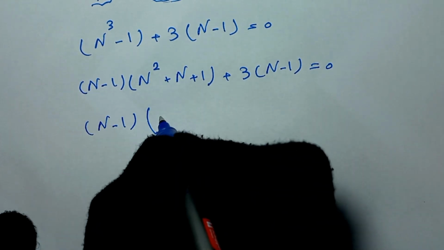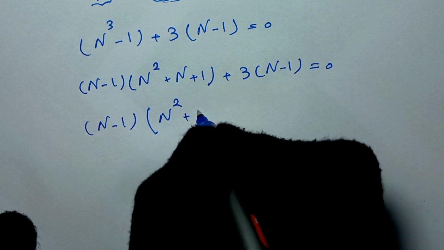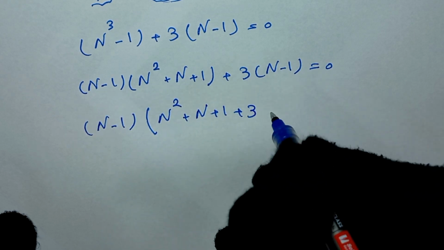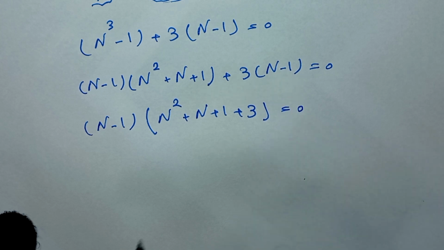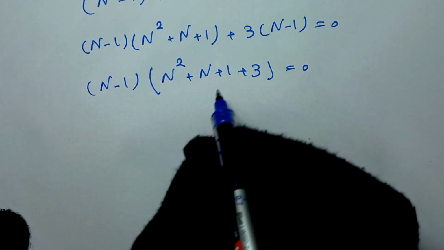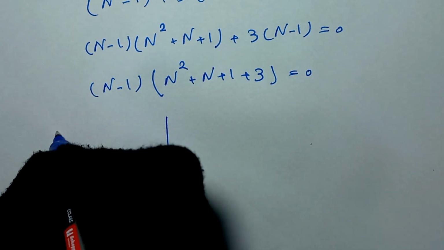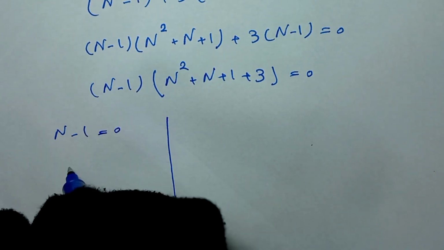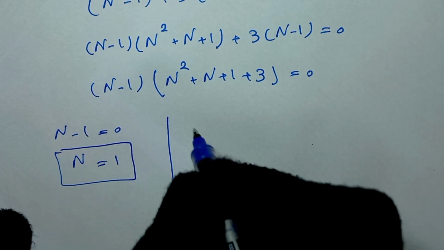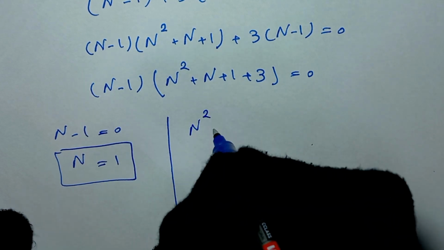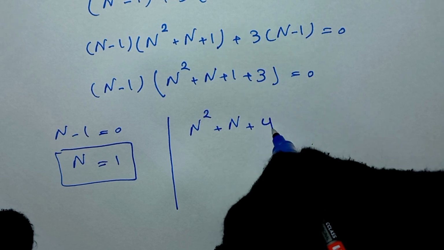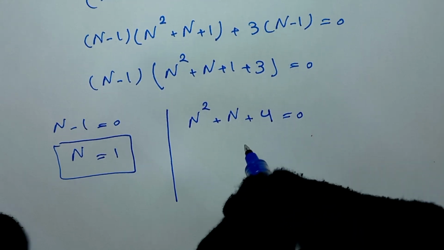And in here we have n squared plus n plus 1, and here we have 3 is equal to 0. So in here we have two solutions for n. n minus 1 is equal to 0, and here n is equal to 1. And n squared plus n plus 1 plus 3 is 4, is equal to 0.